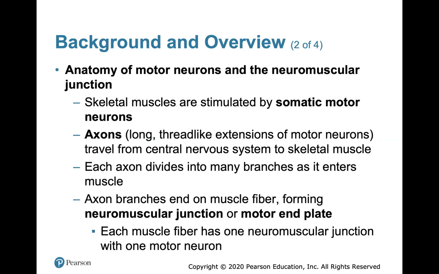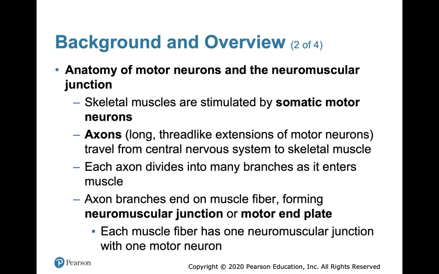Skeletal muscles are stimulated by somatic motor neurons, and axons will travel from the central nervous system to skeletal muscles, and divide into many branches as they enter the muscle. The axon branches will end on the muscle fiber, forming what we call the neuromuscular junction, or the junction between the neuron and the muscle, also known as the motor end plate.